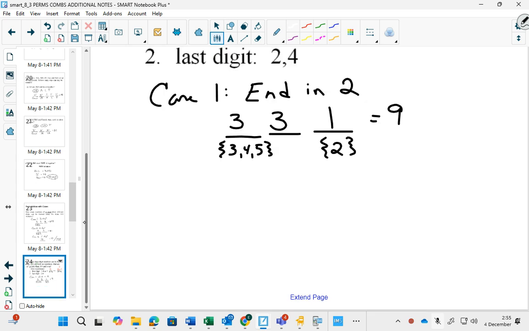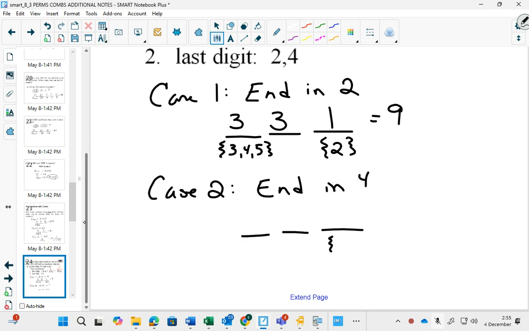Case 2, what haven't we counted? We haven't counted the numbers that end with 4. So now if this is a 4, one choice there. If it has to be bigger than 300, you see that now you can only put a 3 or a 5 as the first digit because the 4 has been used up.